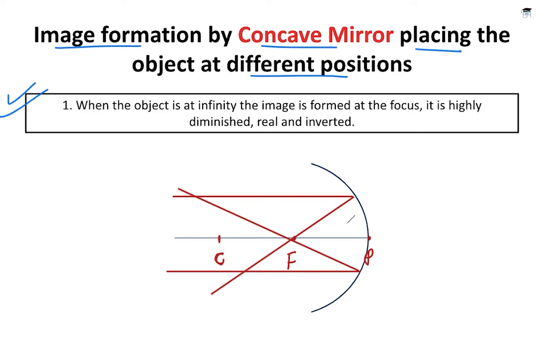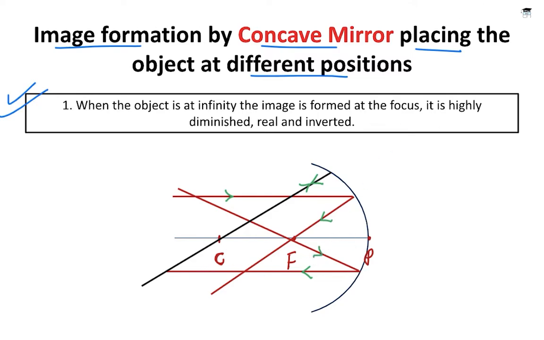The third case we studied was that a ray of light which passes through the center of curvature, after reflection reverses its direction. So a ray of light which passed through the center of curvature after reflection will come back, the ray which is parallel to the principal axis after reflection moves through the focus, and the ray which was passing through the focus after reflection will become parallel to the principal axis.